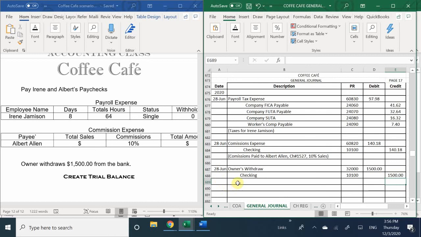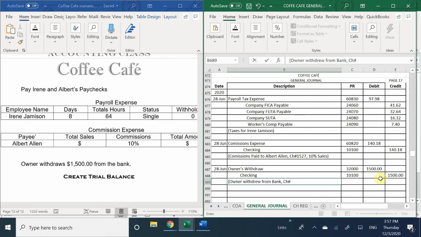Just a note: it's almost self-explanatory, but you would still state that the owner withdrew from bank. Of course, we have to pay him with a check, so we have to get the check number correct.